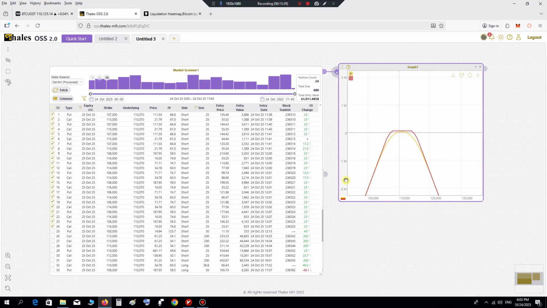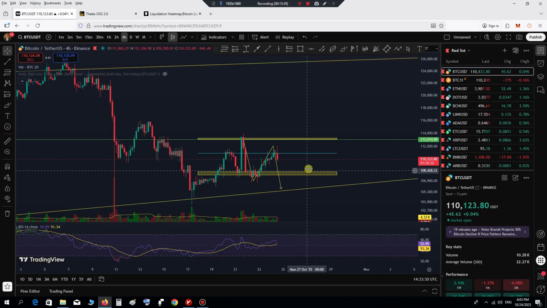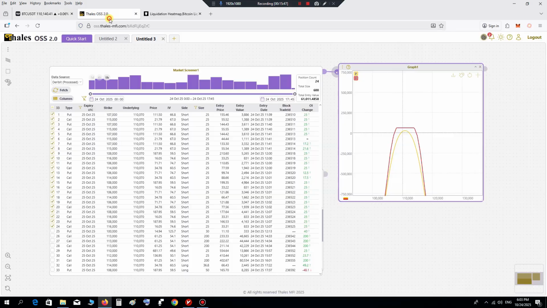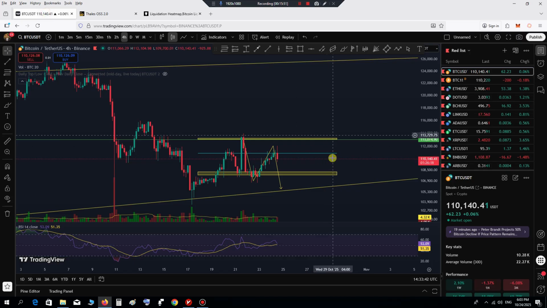The maximum profit for the short strangle is between 108,000 and 113,800. So here, we can go down to about our lower zone, and on the other side, up to 114, that's the observed volatility range. So for tomorrow, we'll probably continue to see this volatility within our box.